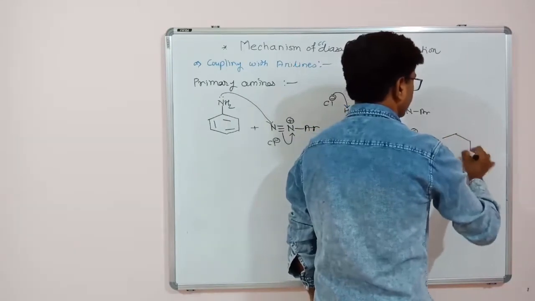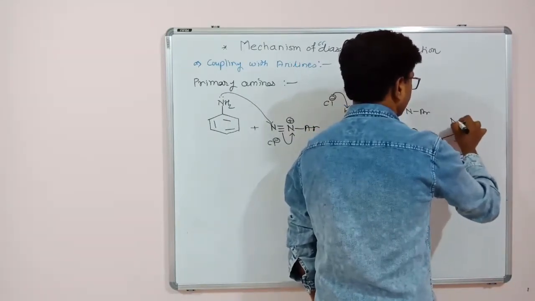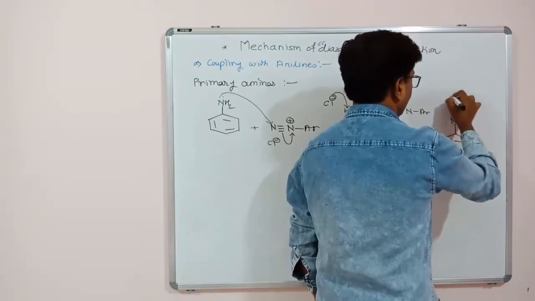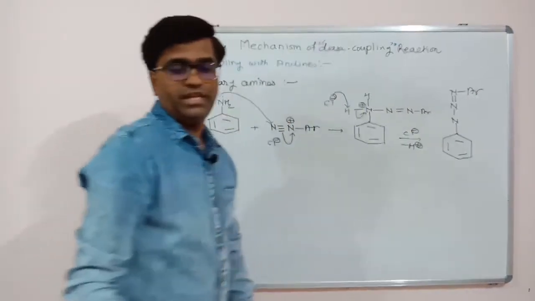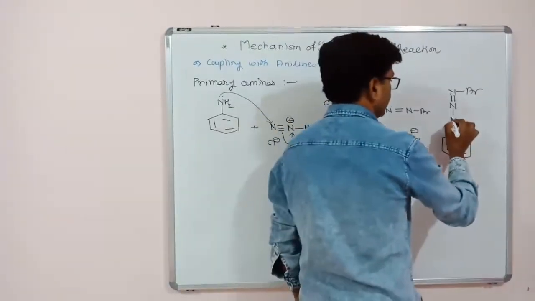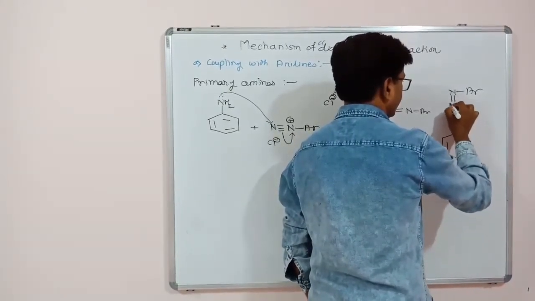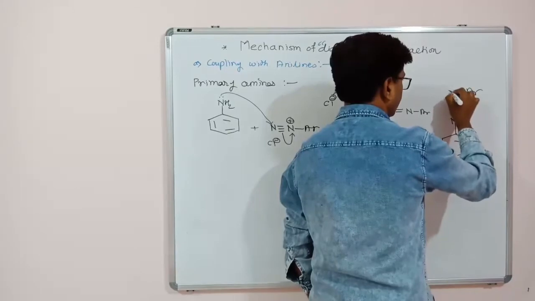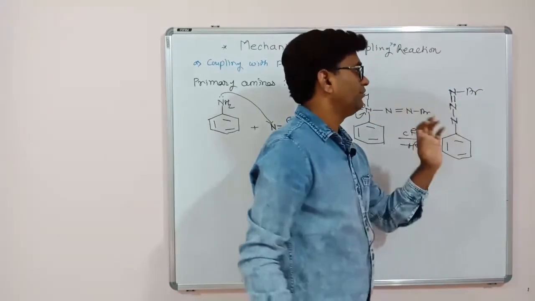So we will get a compound that is an N-diazo compound. See here, this is the nitrogen of the benzene ring and these are the two nitrogens of diazonium chloride salt, and here is the double bond.